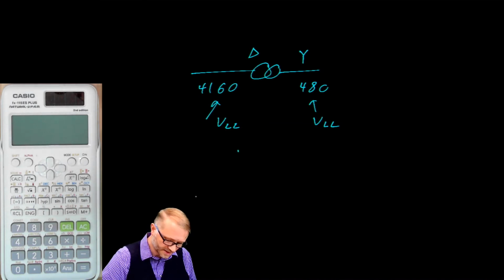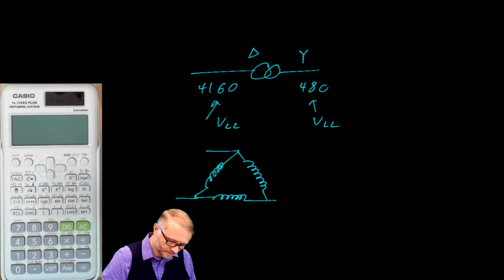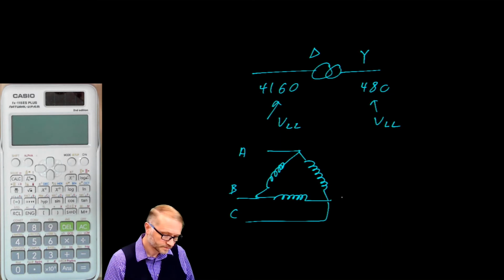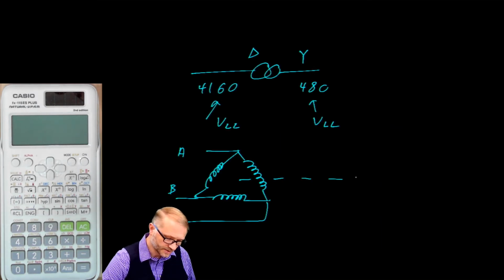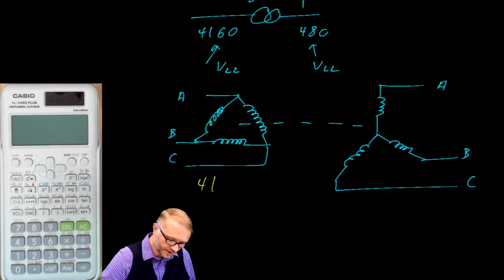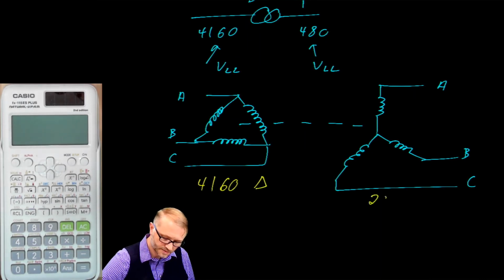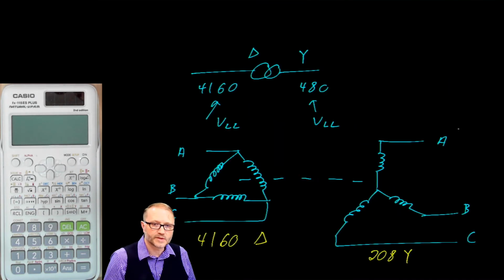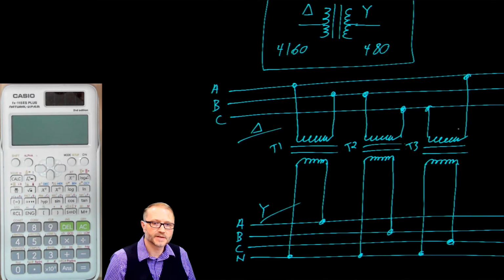The delta connection would look something like this, where we have incoming phase A, phase B, and phase C. The Y connection would look like this. We describe this as a 4160 delta, and this as a 208Y. If we scroll up a bit, you'll see that we've already done part of this problem.